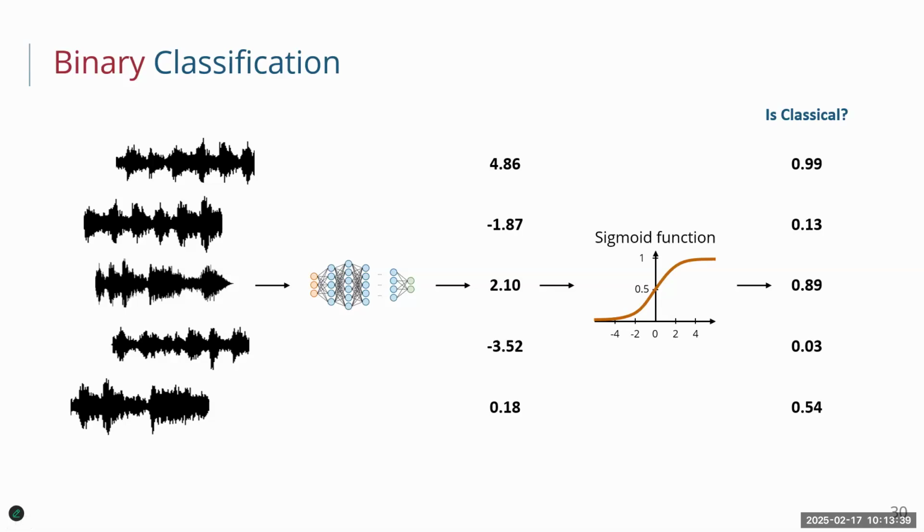Just assign the value to the classical things and whichever number is closest to that. Yeah, but there's the obvious number here, 0.5. So basically what sigmoid is doing is actually a soft thresholding. So you can set different thresholds.